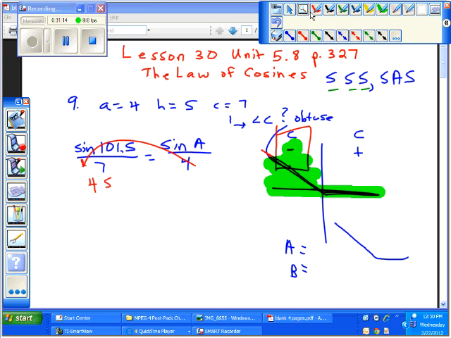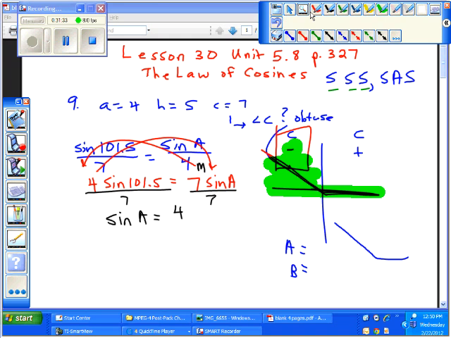So we're going to cross multiply. We'll have 4 sine 101.5 is equal to 7 sine A. Get the junk off of A. We're going to undo multiplication by division first. And we will have sine A equal 4 sine 101.5 over 7. I didn't leave enough space again.